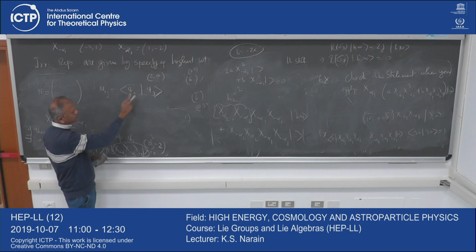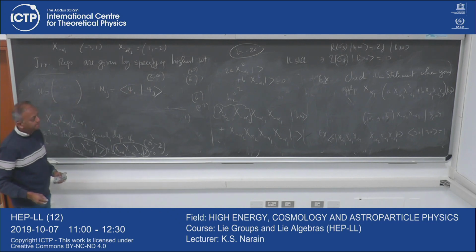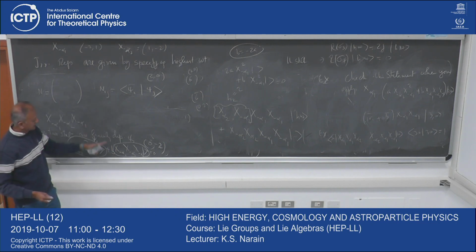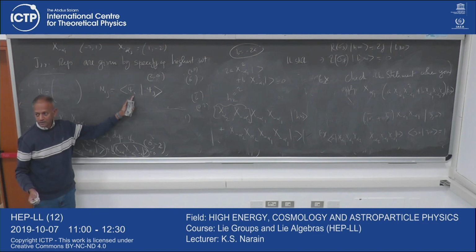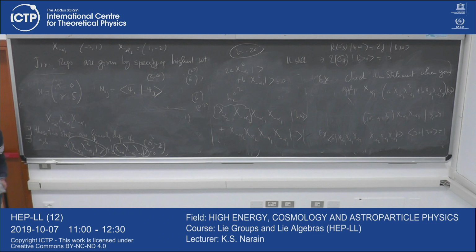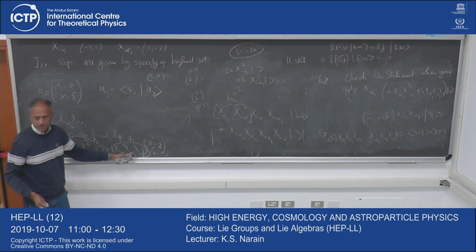It is understood that it's the dagger of psi i. So you compute this, and it will be a 2x2 matrix because clearly i and j go from 1 to 2, right? So you'll get some numbers, let's say alpha, beta, gamma, delta. For these two states, I find these numbers.